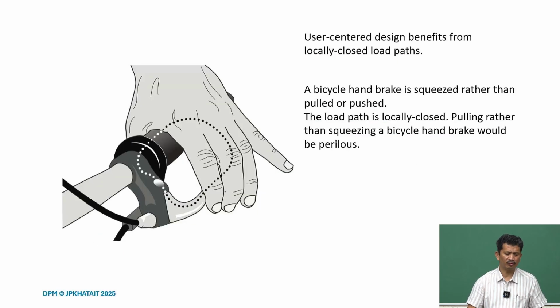One very good example is even bicycle brakes, how we close them. We do not push or pull the brakes, but we simply squeeze them, and the load path stays local within the hand.